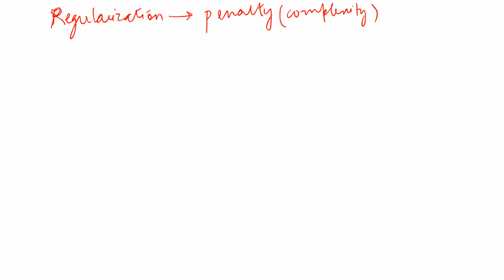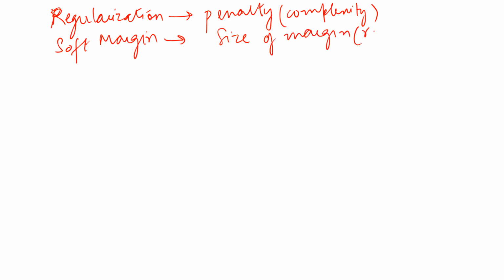So that means now in this soft margin, we have the size of the margin, which is pointing to something that's robustness. A little bit about C, the parameter C that we introduced, that's pointing to the amount by which we can penalize the penetration. So that C acts as a regularization parameter.